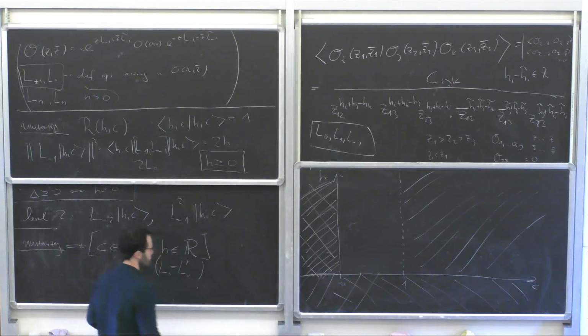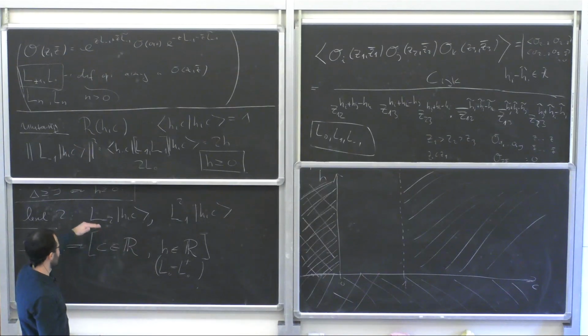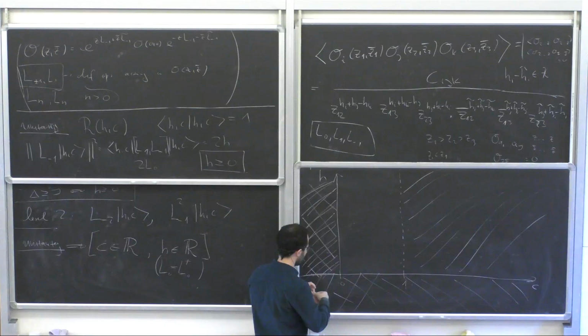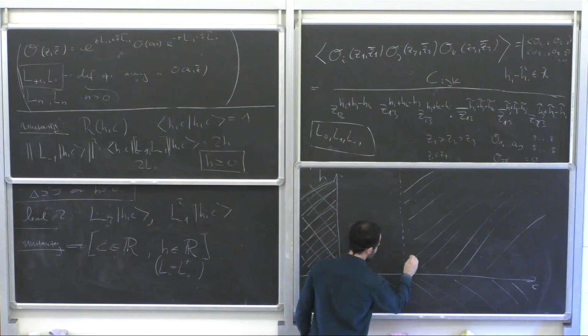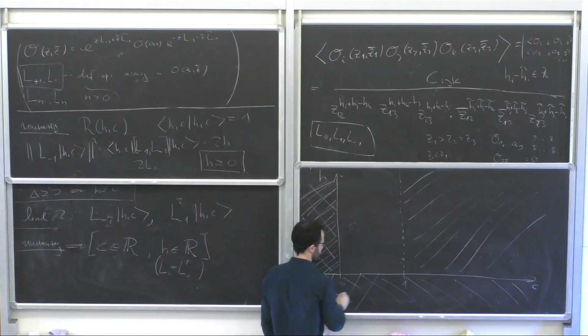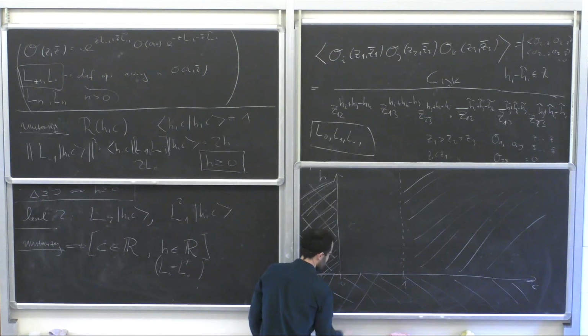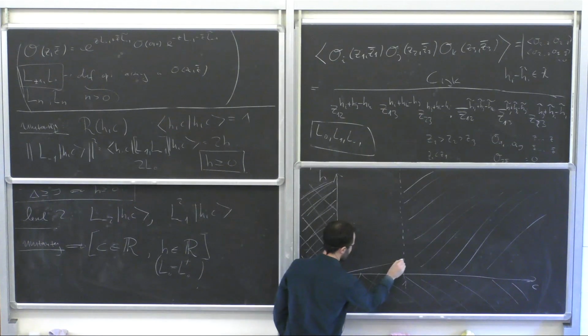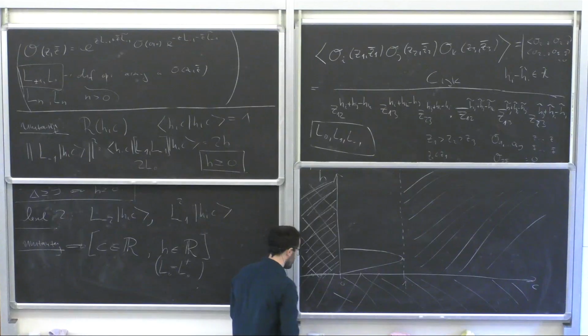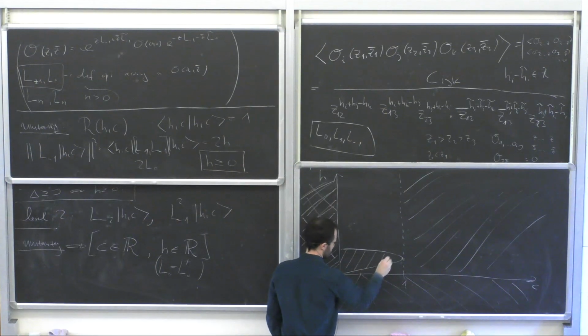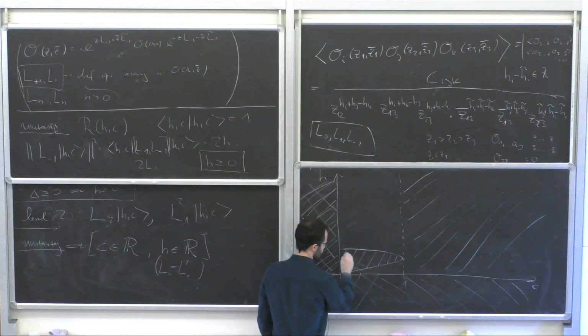And you can start looking at it at level 2. What happens at level 2 is that there is a curve, which I think hits at 1/4. It doesn't matter where it hits, but it's a curve that looks like a kind of parabola, where everything here is disallowed. So you'll find a negative norm state at level 2.